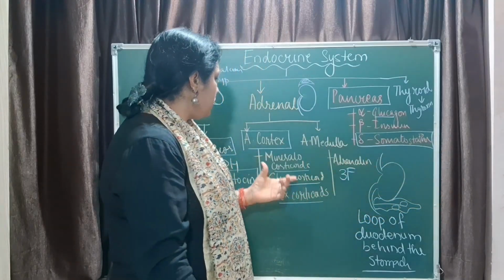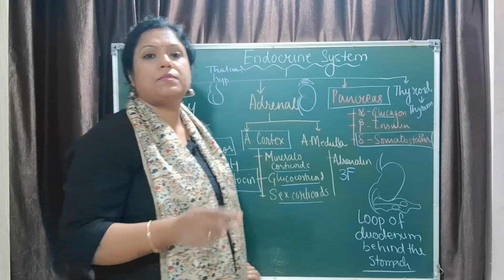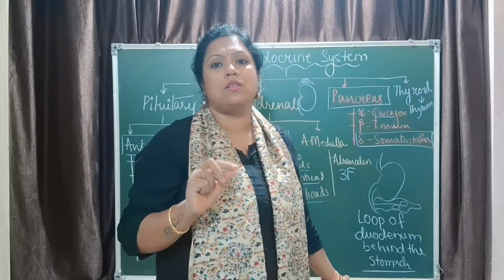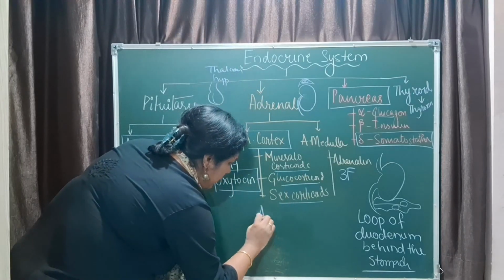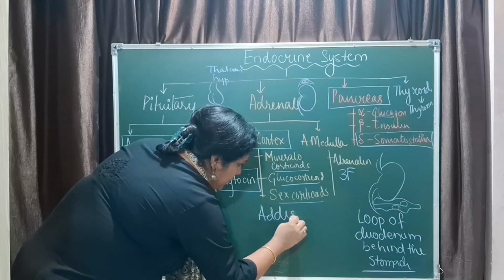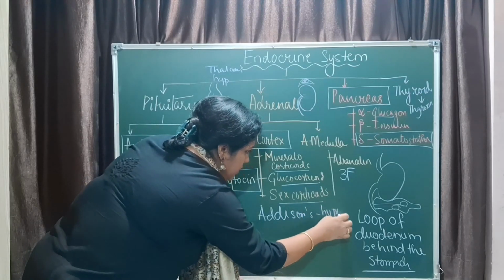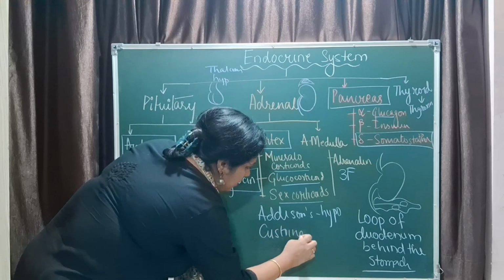Okay, now here in adrenal cortex, hypersecretion causes Cushing syndrome and hyposecretion causes Addison's disease. I forgot that to mention. Addison, A comes first, so it is hypo, and C comes later, Cushing's, so this is hyper.